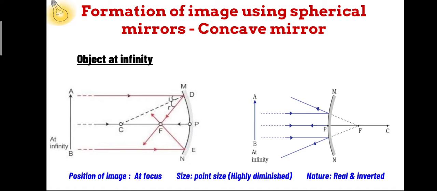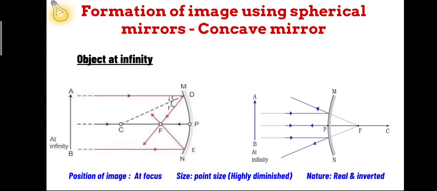This holds good even for the convex mirrors. As you can see, if the object is placed at infinity, the parallel beam of rays gets diverged, but it appears to come from the focus, and hence we say that the image is formed behind the mirror or inside the mirror, and the position is supposed to be at focus.